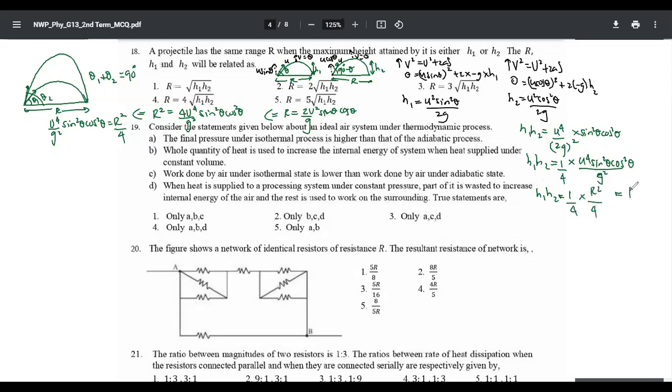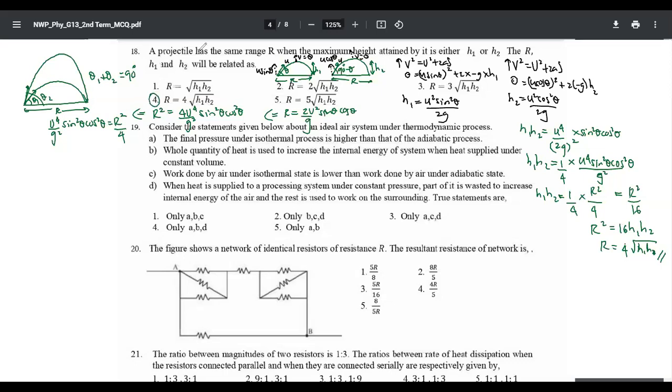So that is r squared by 16. Therefore you will be getting r squared equal to 16 h1 h2, and r is equal to square root of 16, which is 4, times square root of h1 h2, and the answer is 4th.